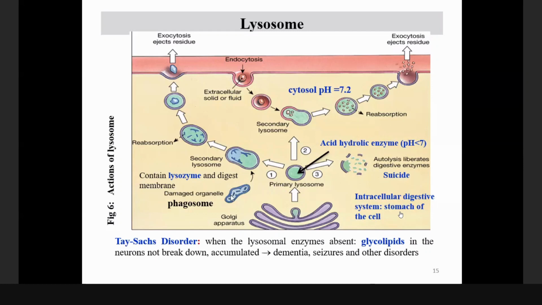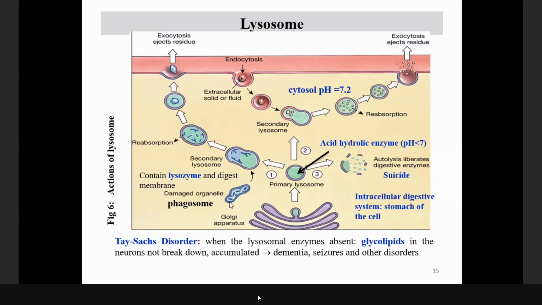So that damaged organelle is going to be engulfed by the lysosomes, processed and broken down, then excreted out from the cell, and that's called exocytosis. That's a kind of bulk transport.